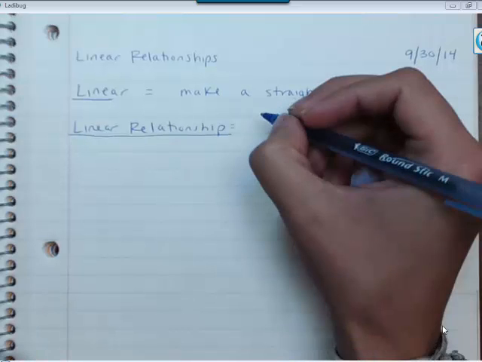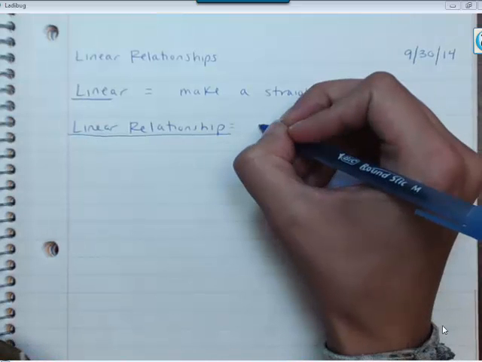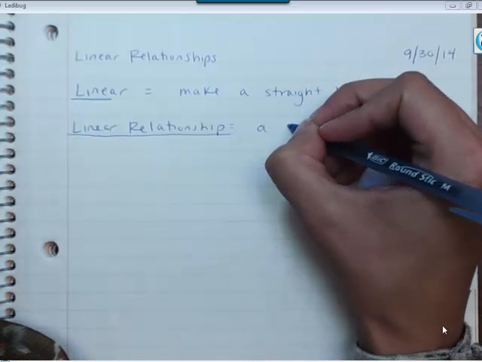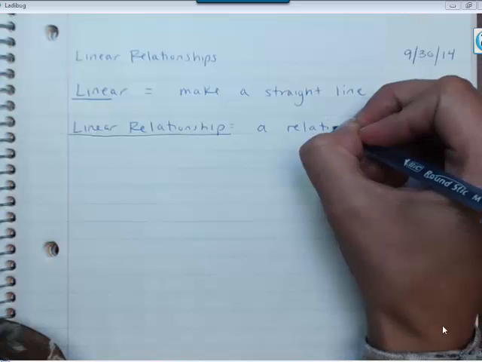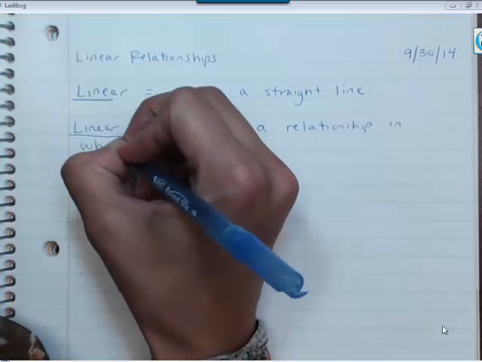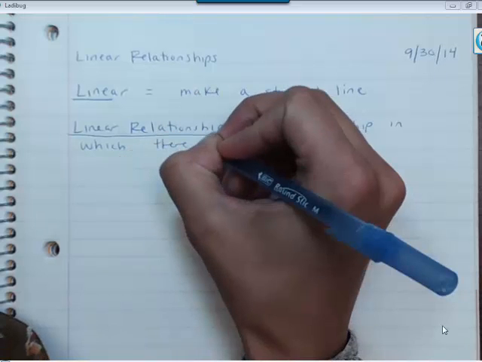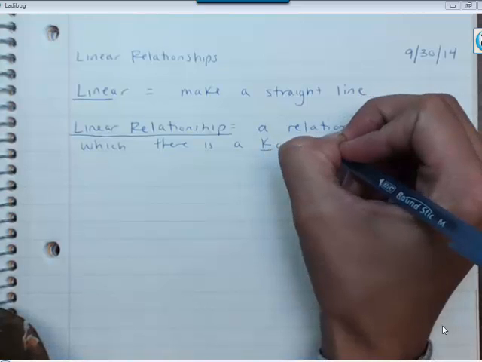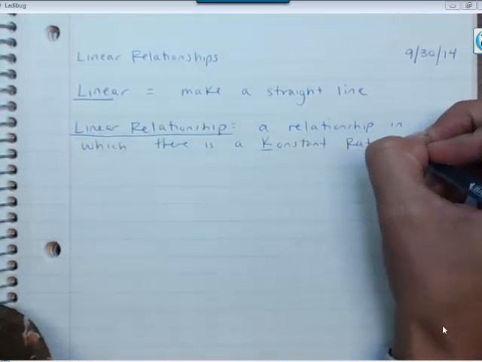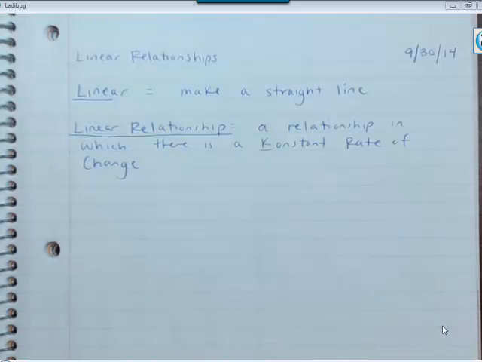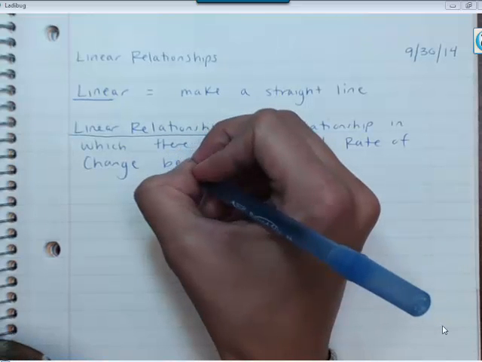So the definition of a linear relationship is, remember, it makes a straight line, and the reason why it makes a straight line is because there's a relationship in which there is a constant rate of change. And remember, that could also mean slope. It could mean unit rate, our constant of proportionality or rate of change. And it's between our two variables.